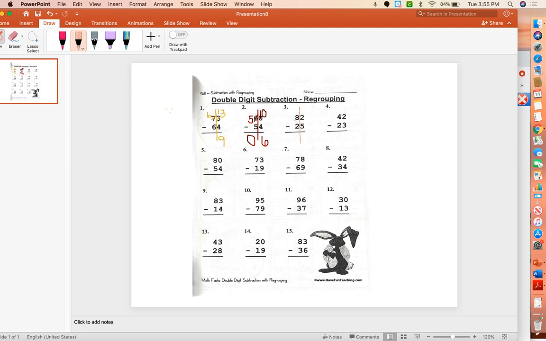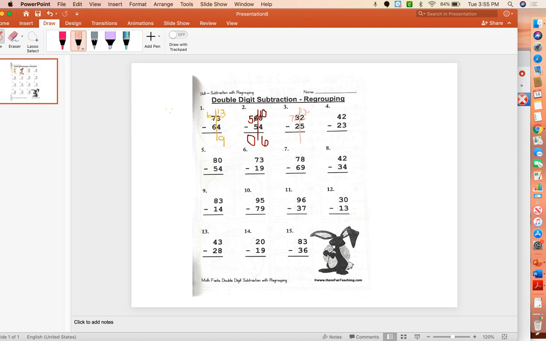So if I cross off this 10, now if I'm going to take one, I'm only going to have 7 tens left. And I bring that 10 over here with that 2. And 10 plus 2 is 10, 11, 12. So now I should have 12 ones.